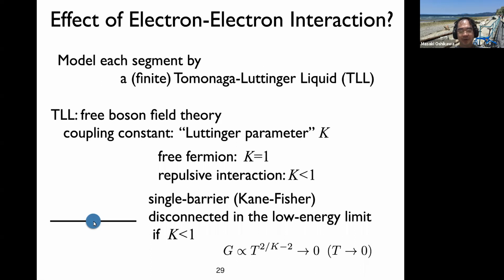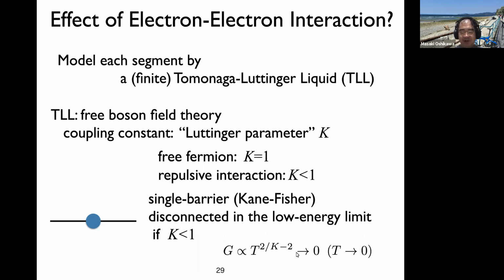So if you go to lower and lower temperature or lower energy, then the system is gradually renormalizing to disconnected wires. So in the zero temperature limit, the conductance goes to 0. And not only that, they predicted the exponent, how conductance goes to 0 as you go to 0 temperature.